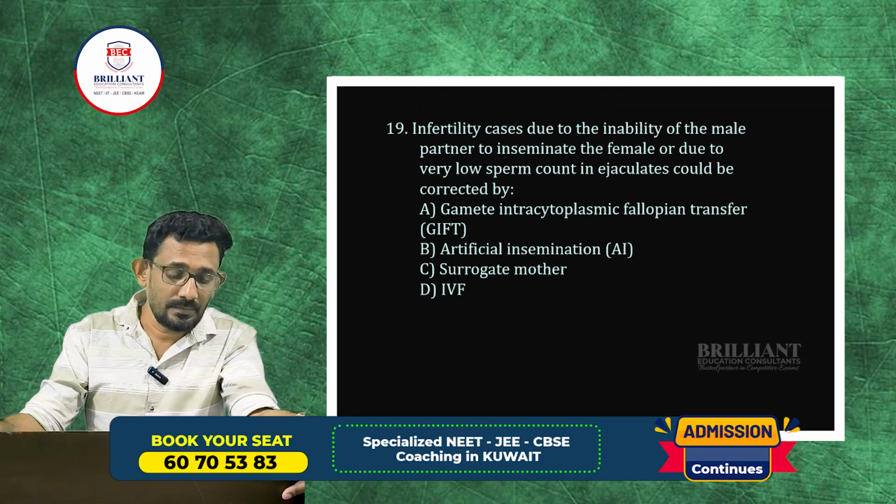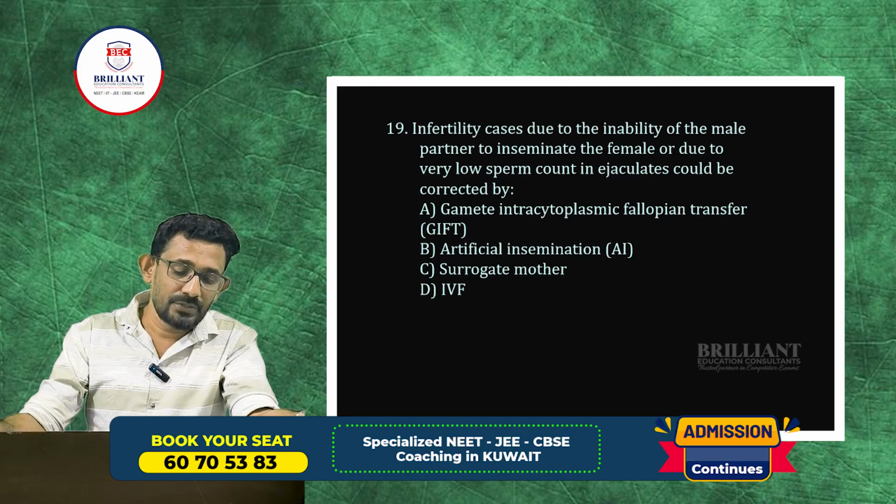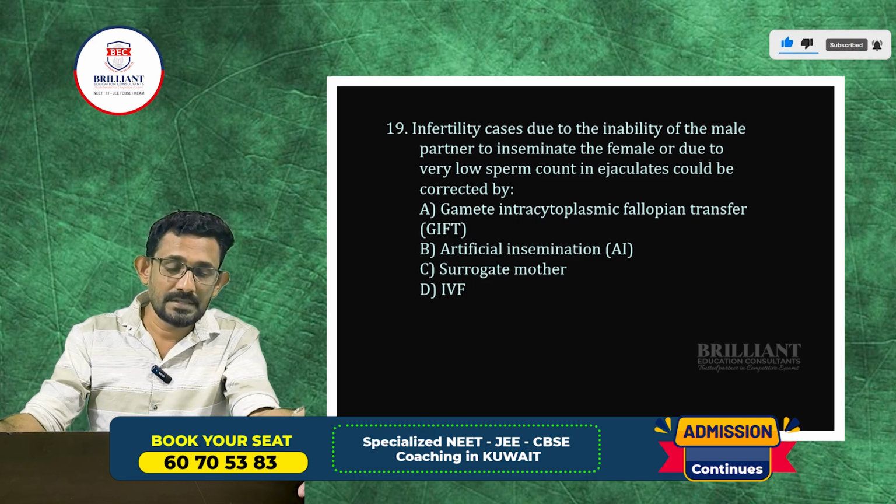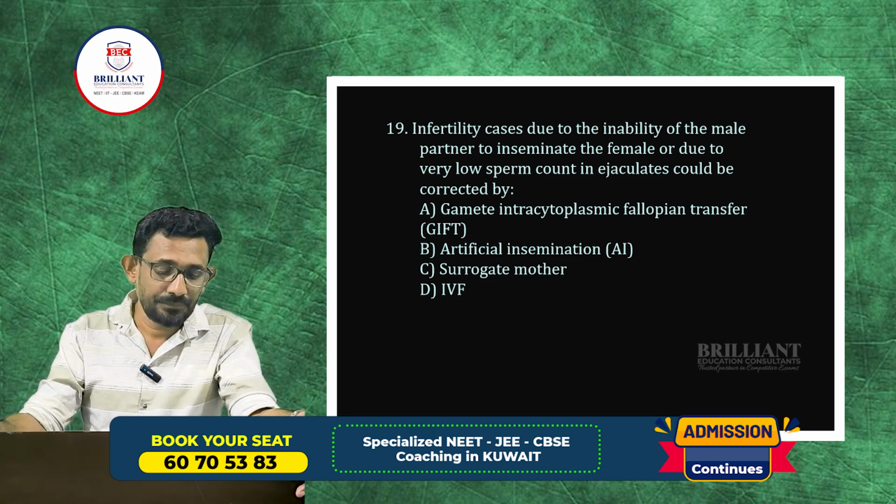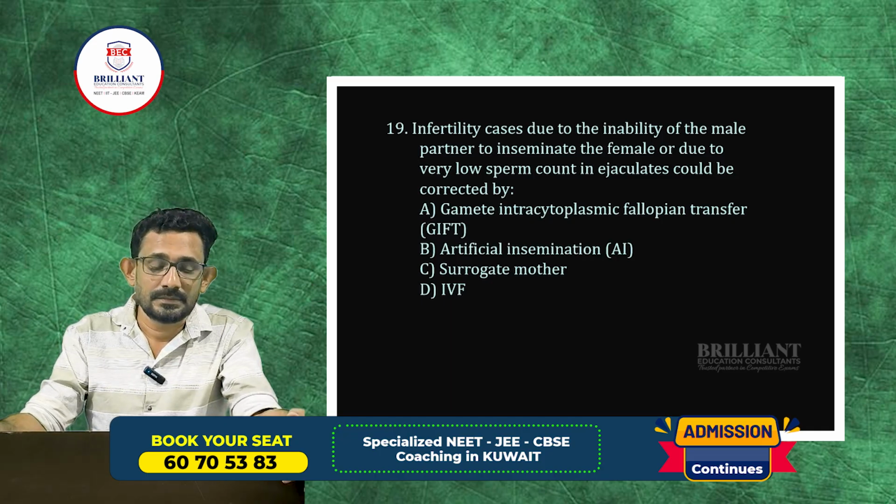Then second last question: are infertility cases due to the inability of the male partner to inseminate the female, or due to very low sperm count in ejaculates, that could be corrected by? That means in two conditions, one where a male partner has inability to normally inseminate, and otherwise the male partner has a low sperm count.